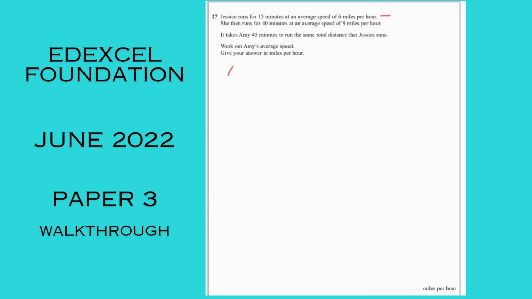So if you run at 6 miles per hour, in a quarter of an hour, you'd run a quarter of that distance. So she's running 1.5 miles in 15 minutes. It's a quarter of the distance in a quarter of the time.